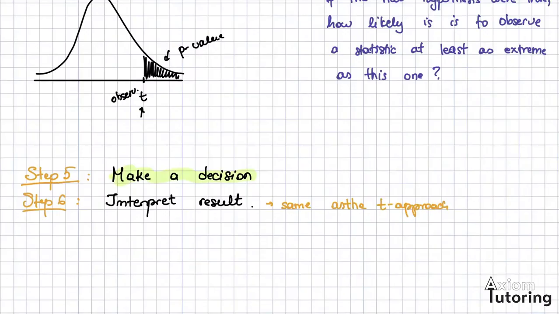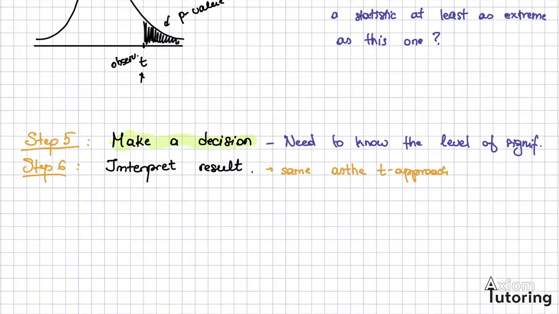To make this decision, again, we need to know the level of significance. In the previous approach, we needed to know the level of significance so that we could find the t benchmark. In here, we mostly need it to make directly the decision.